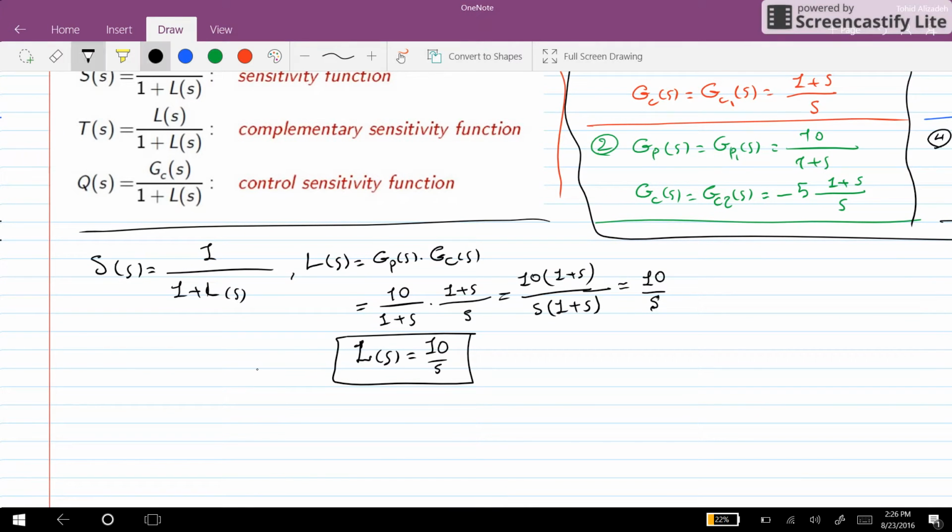Now for the sensitivity function, we will have 1 over 1 plus 10 over S, which will result in S over S plus 10.